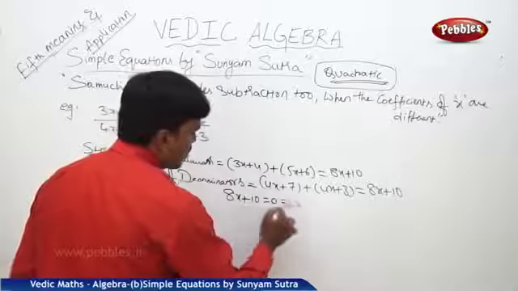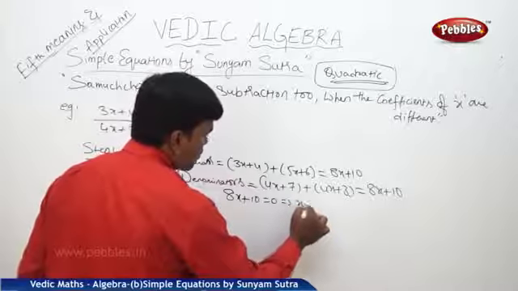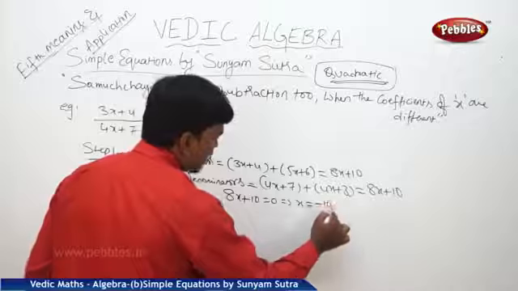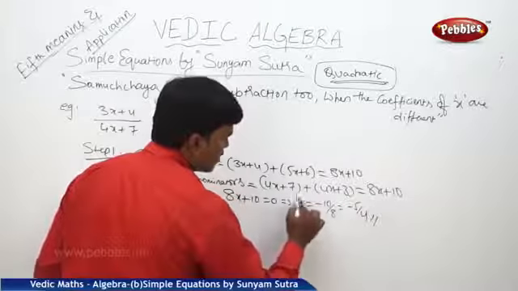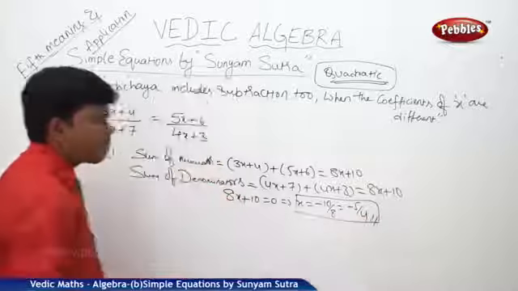So what is the answer? It is x equal to minus 10 by 8, that is minus 5 by 4. Here I got the x value as minus 5 by 4.